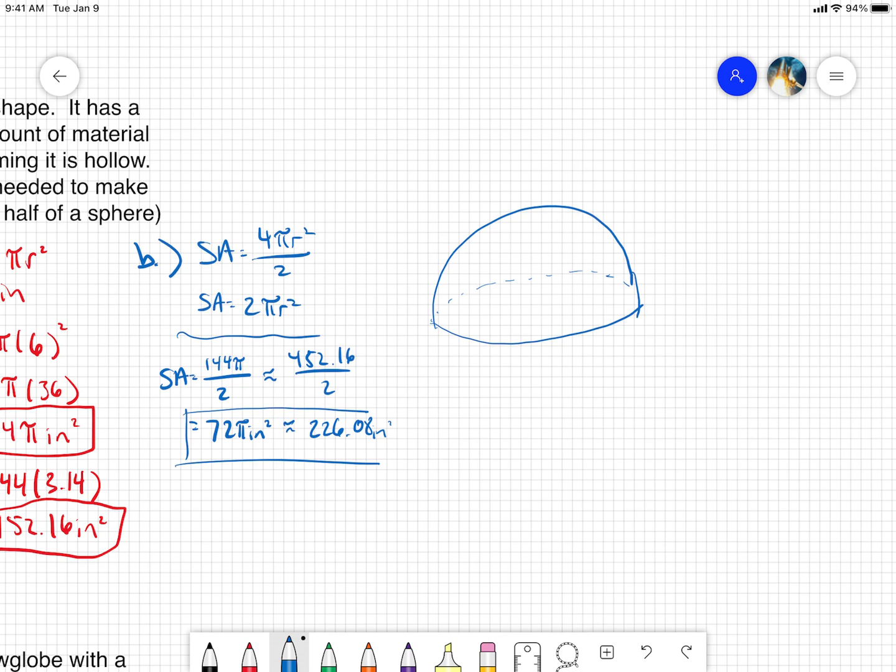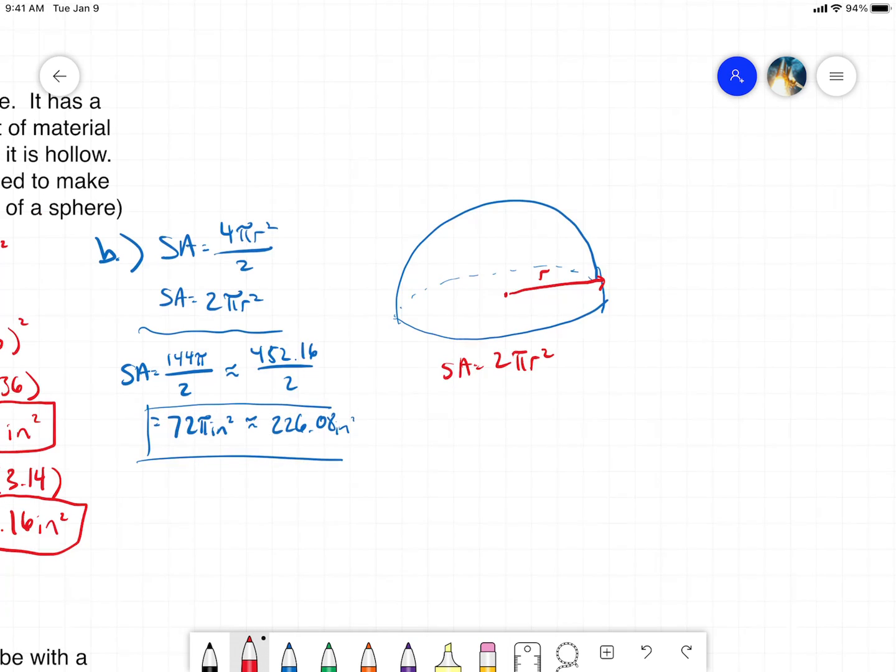If I wanted to just think about the shell, like the top of a turtle shell, then the area of that part would be 2 pi r squared. It'd be exactly half of a sphere.